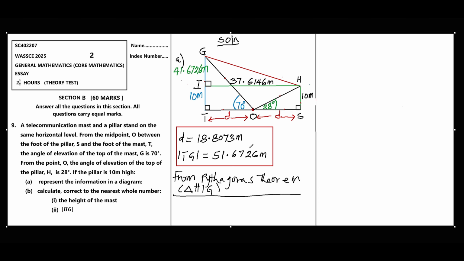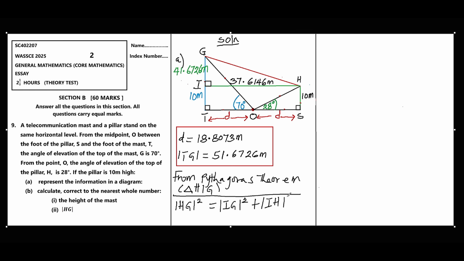We know that the square of the longest side, that is the length of line HG, should be equal to the sum of the squares of the other two sides. So line IG squared plus the length of IH squared.